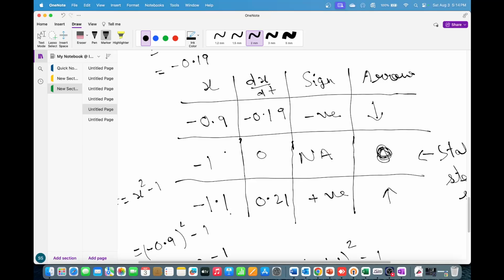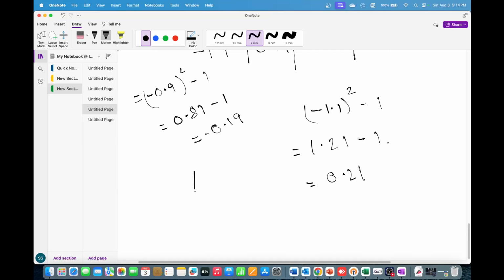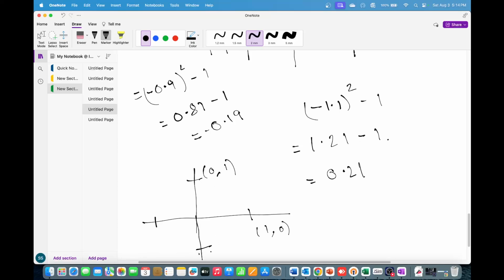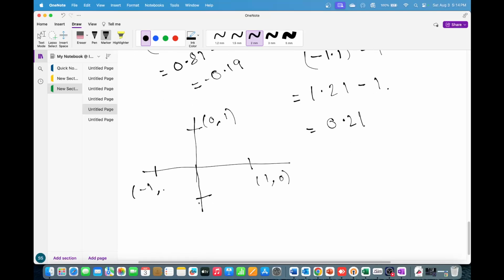If you do it for the entire grid, so if this is how your function is defined, say you want to define it from here, so say for example this is 1 0, this is 0 1, this is -1 comma 0, this is 0 comma -1.